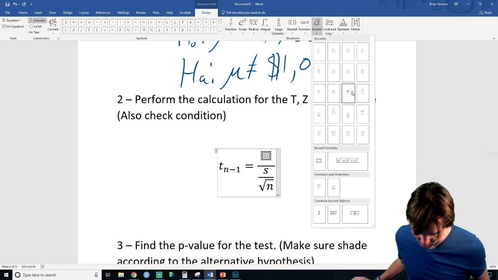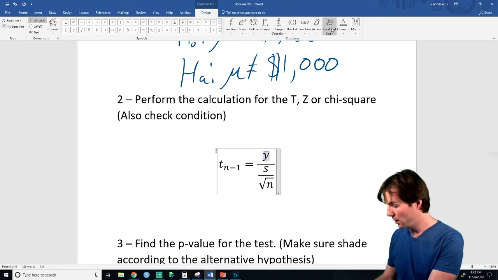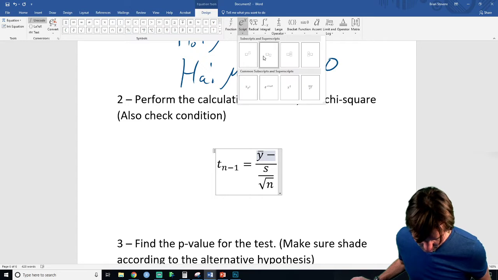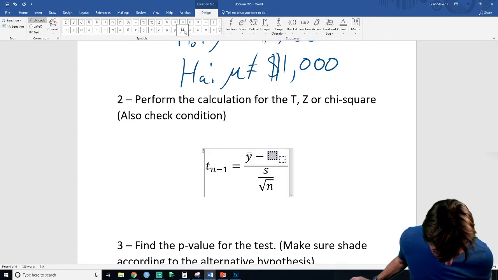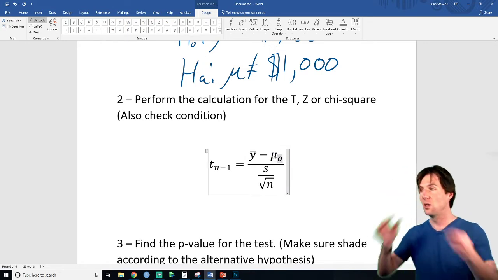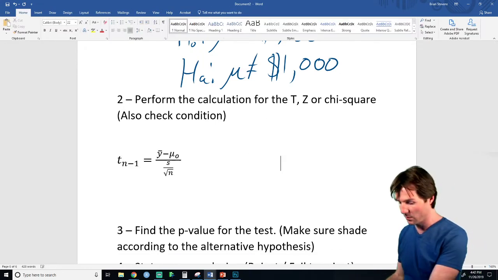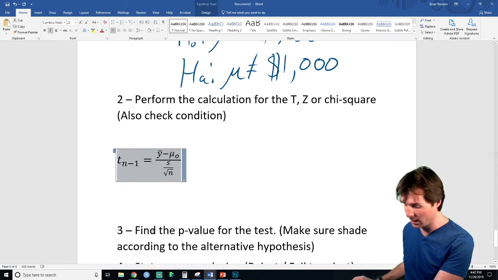So we need a little y bar right here, which is the sample mean, minus mu naught, which is the hypothesized mean, the hypothesized true mean technically. There's the mu, there's the naught, and we got it. We have now written our equation, and once we click outside of here, it's going to make it small. But we're going to copy paste this equation and put them side by side to show how the equation is solved.